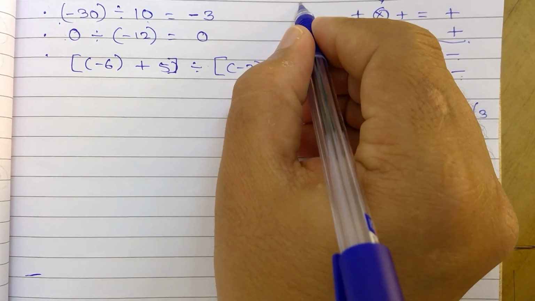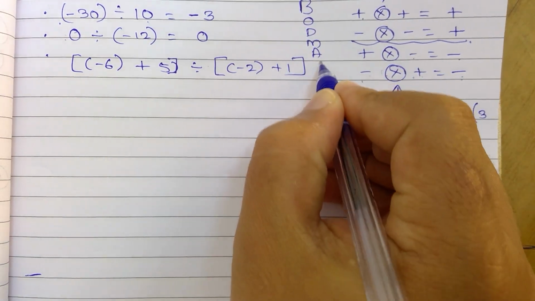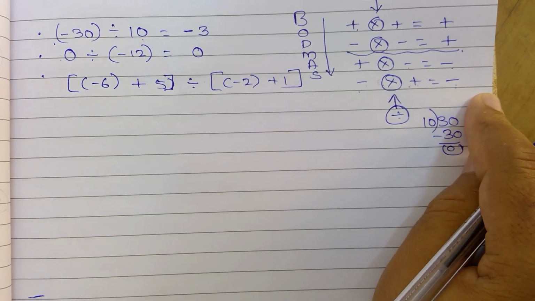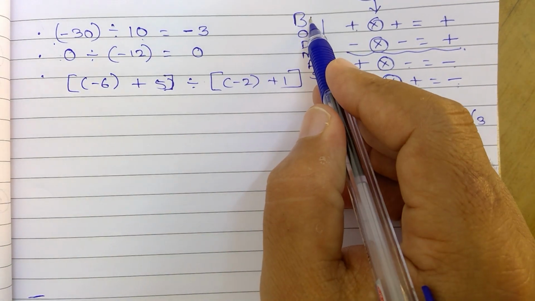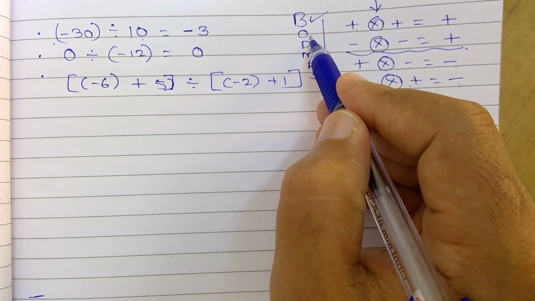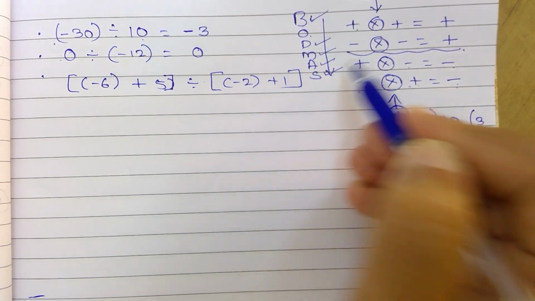We have to go through BODMAS. Is it right? Whenever you are simplifying a mathematical expression, you have to go through BODMAS. So that means first you have to simplify brackets, then indices. Order means indices, this is powers, and later division, multiplication, addition and subtraction.